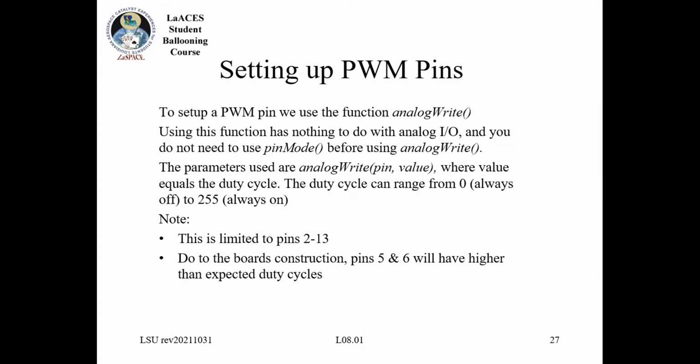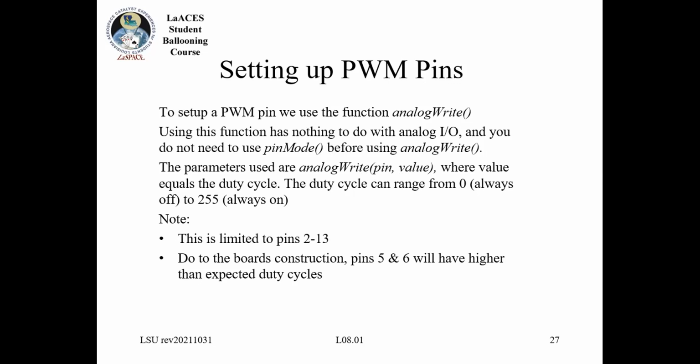So for this particular case, you don't need to use the pin mode function before calling analogWrite. And then the way that you use analogWrite is like this. You call the pin number and you give it a value. In this case, it's a value from 0 to 255.